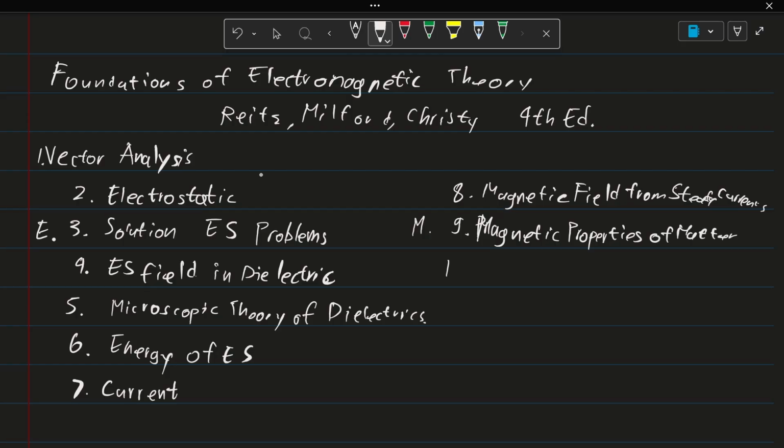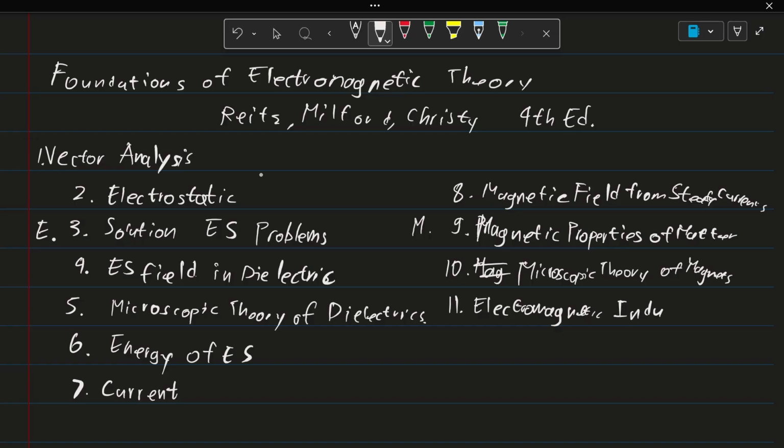And then after that, we'll be discussing about the magnetic theories. So the microscopic theory of magnets. From there, we could discuss about the relation, which is the electromagnetic induction. And also, we'll be discussing about the magnetic energy.